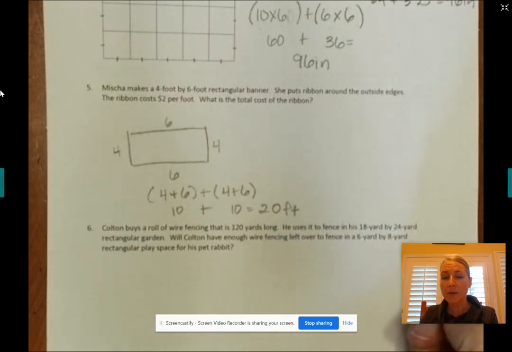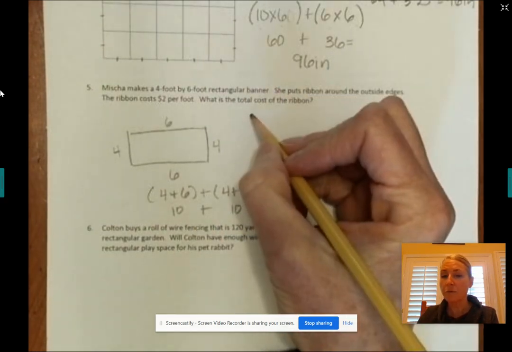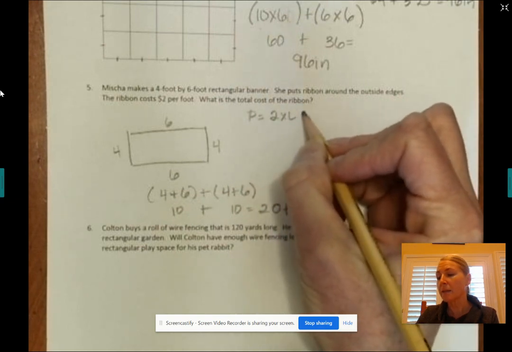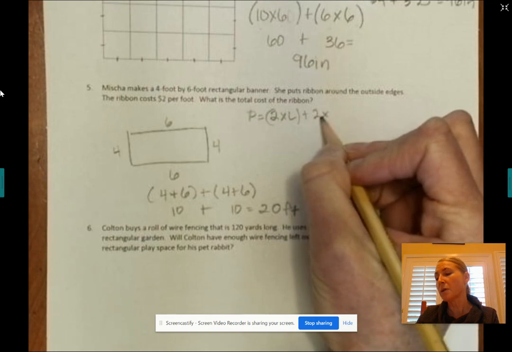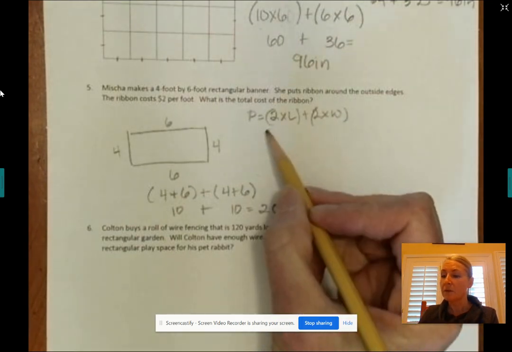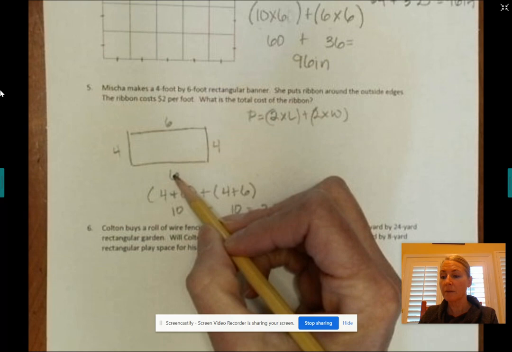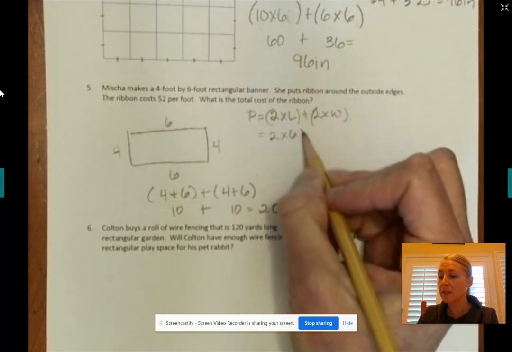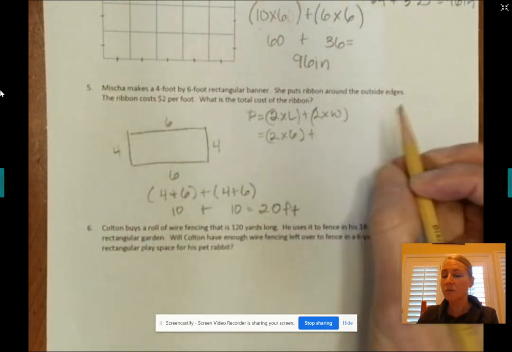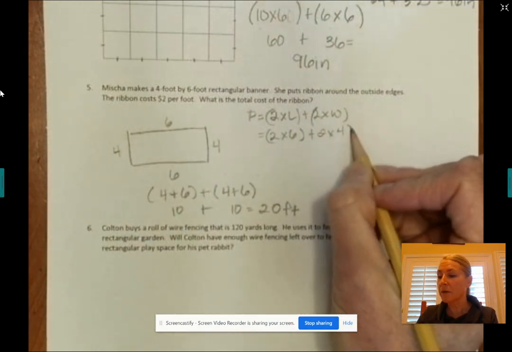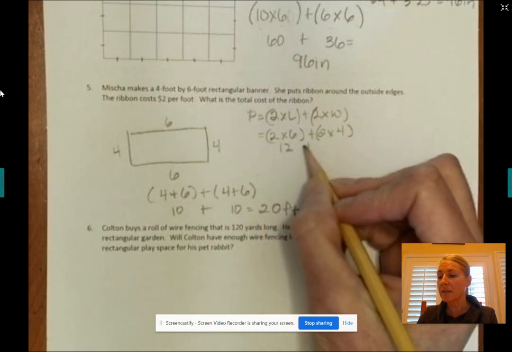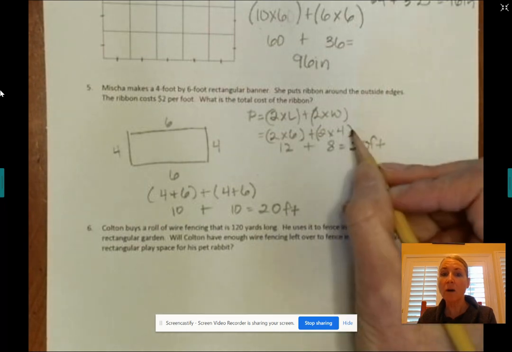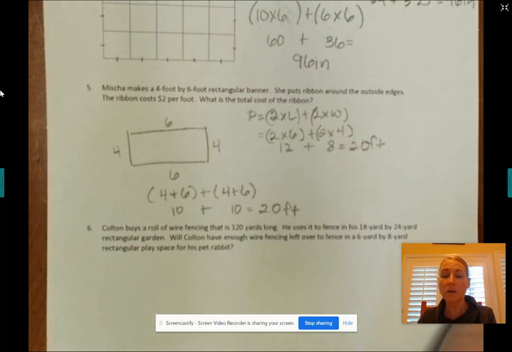Now, if you have been using the actual formula, perimeter equals 2 times length plus 2 times width, we could think 2 times the length, right, which is our 6. So we could say 2 times 6 plus our width, which is 4, 2 times 4 is going to solve the exact same problem, and we will still get 20 feet. So that would be an alternative way to solve this.